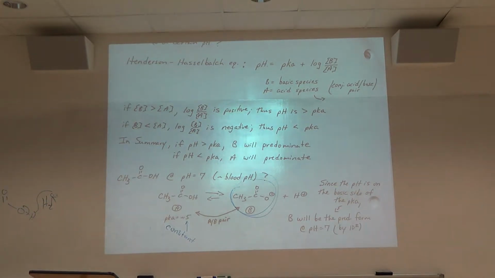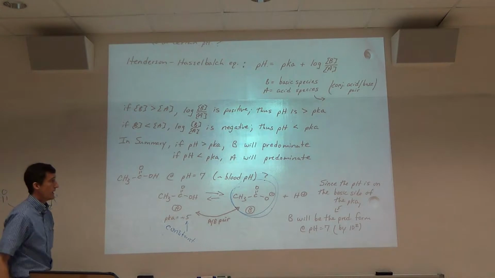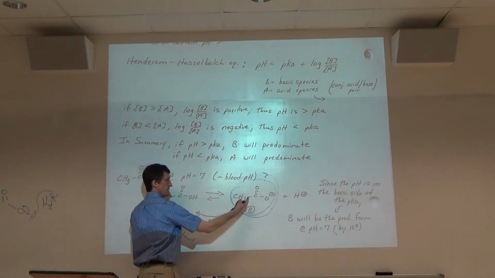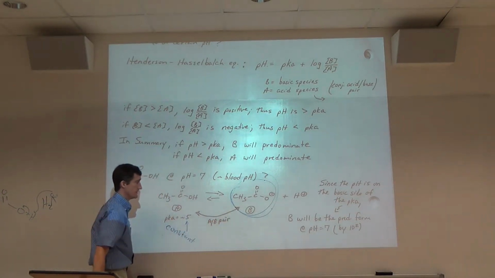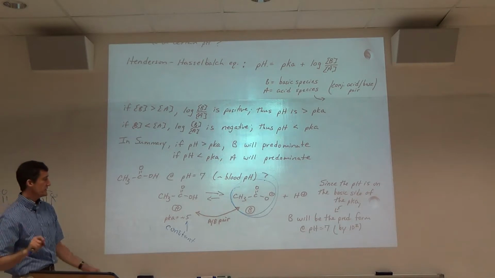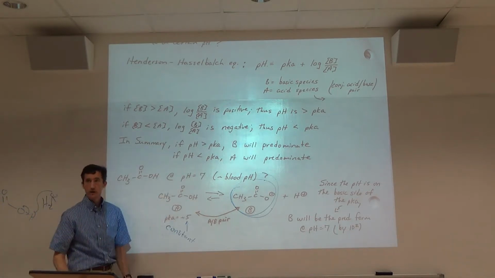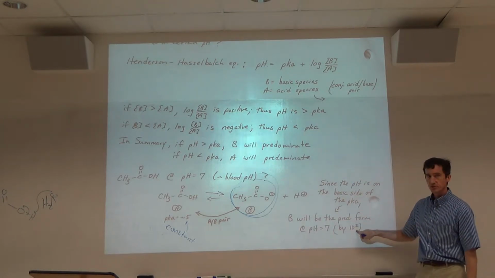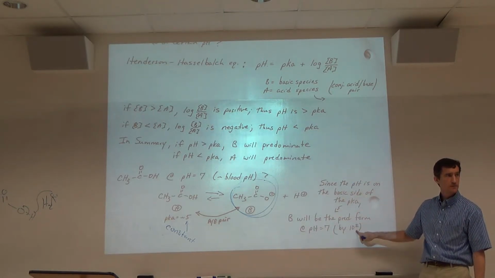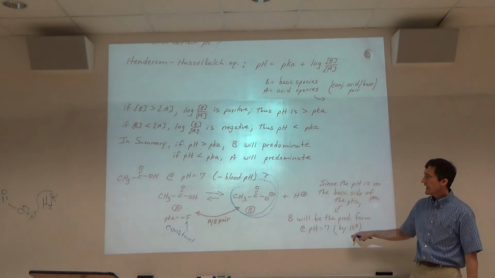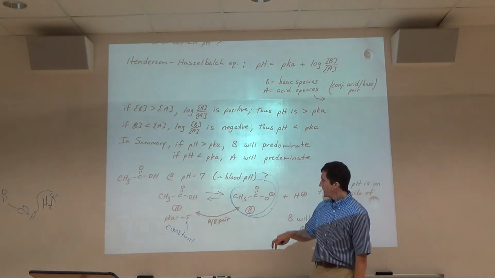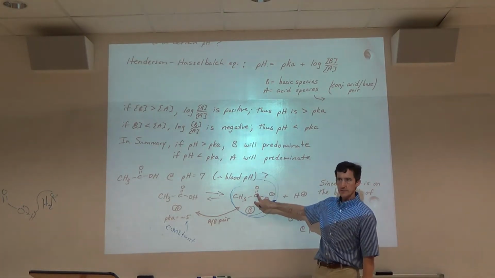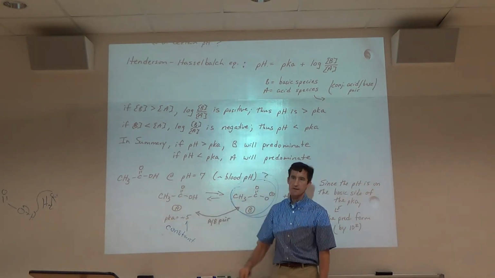Not totally. What's the ratio of these two in the blood at pH of 7? It's the difference in your two numbers, 2. This species will predominate by 10 to the 2, which is 100. If you have acetic acid in your blood, 100 of the molecules will exist like this, and only one will be like this.